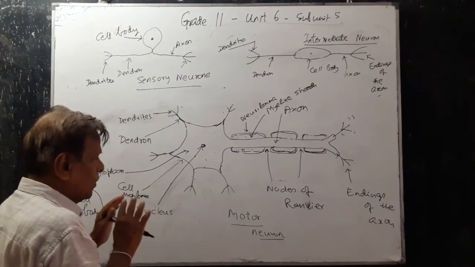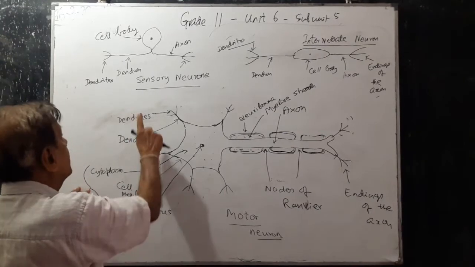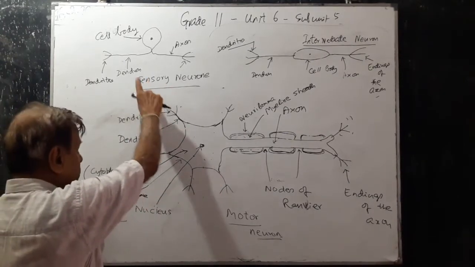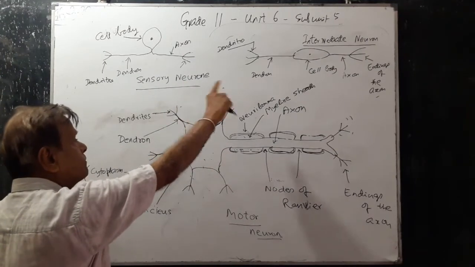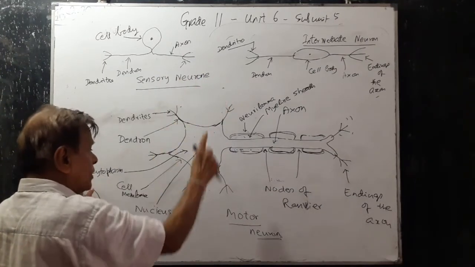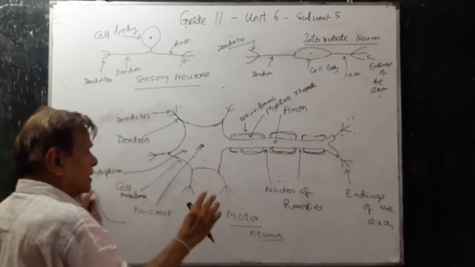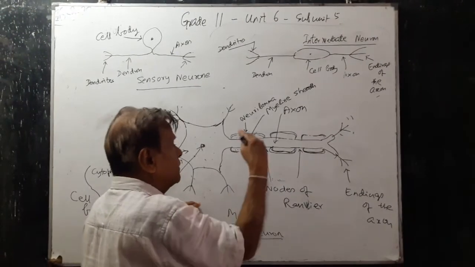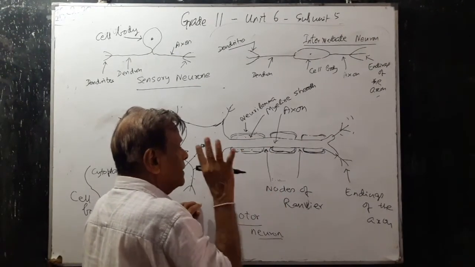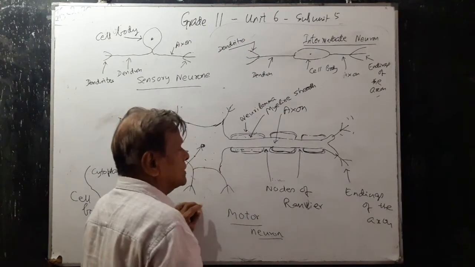Messages or impulses should go from the sensory neurons to the intermediate neurons and then to the motor neurons. And along the motor neuron, that should be conducted to the effector. The effector does the action or response.